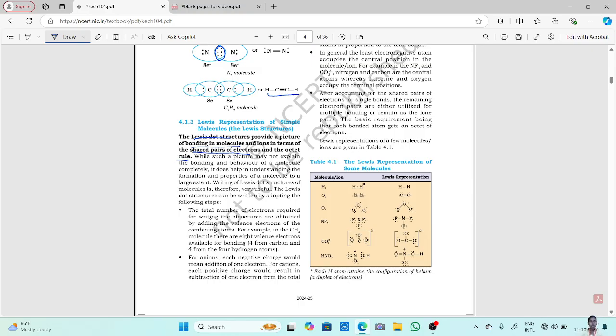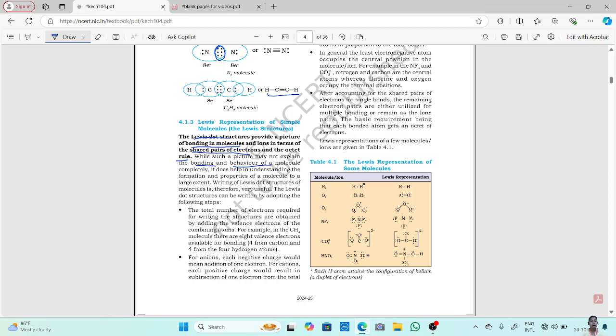Even though it can explain the bonding in molecules and ions, it may not explain the behavior of the molecule completely. Writing Lewis dot structures of molecules is therefore very useful, though it cannot explain some concepts.